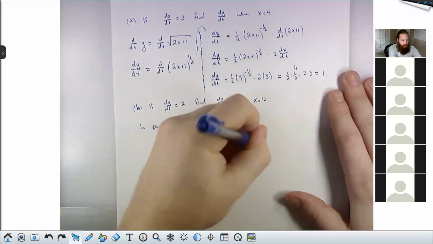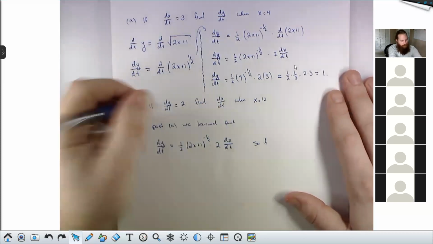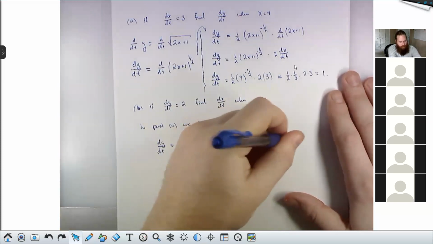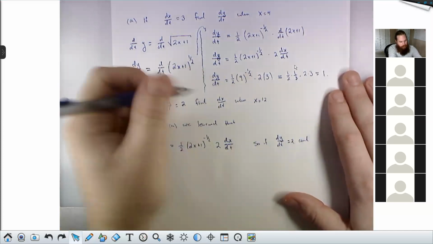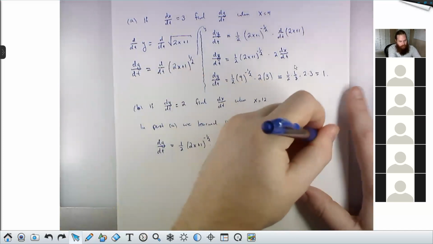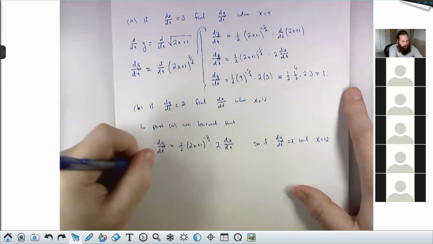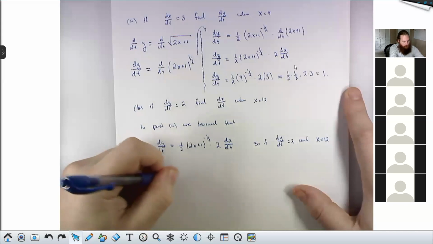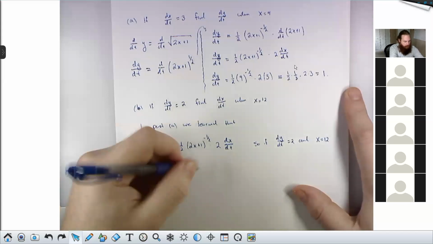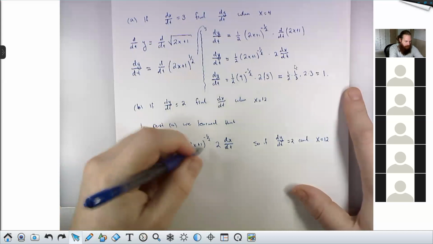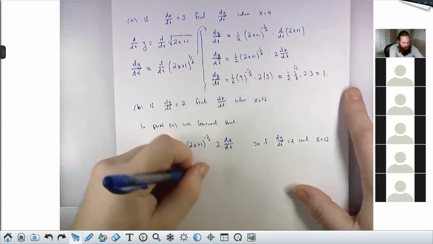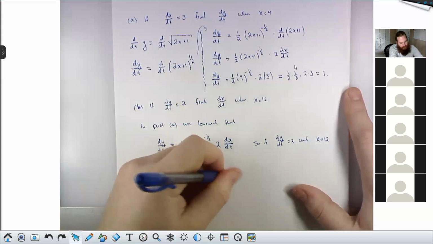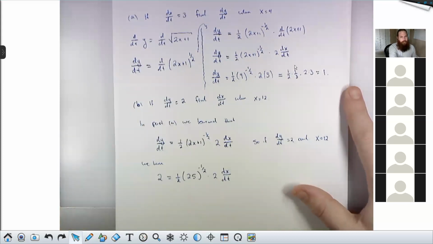So if dy dt equals 2 and x equals 12, we have 2 equals 1/2 times (2 times 12 plus 1, which is 25) to the negative 1/2 times 2 dx dt. And I want to solve for dx dt.